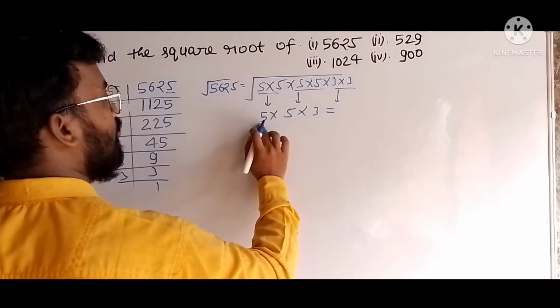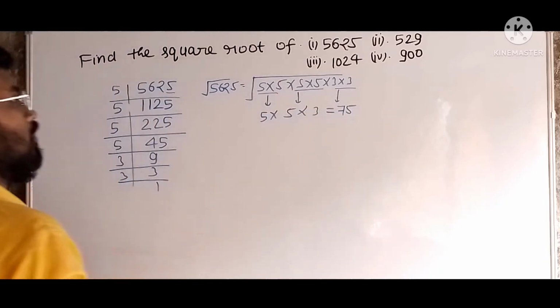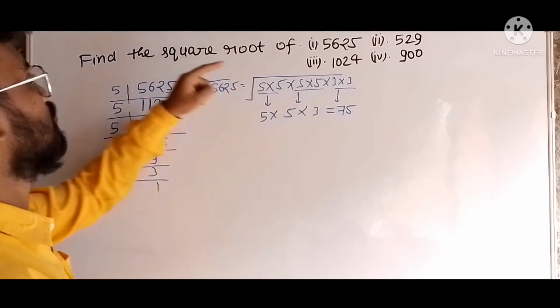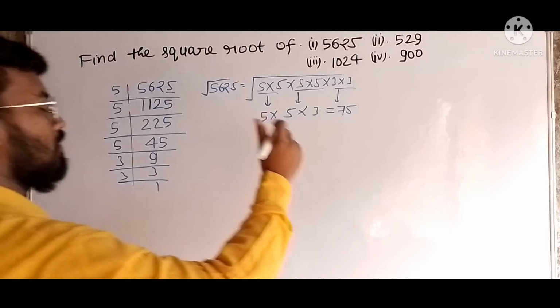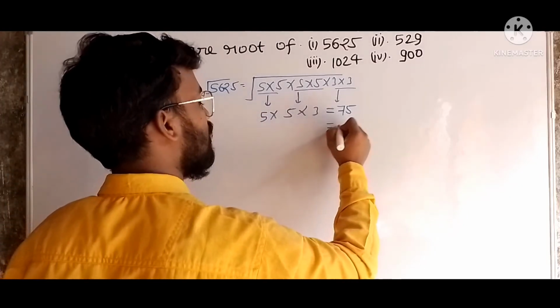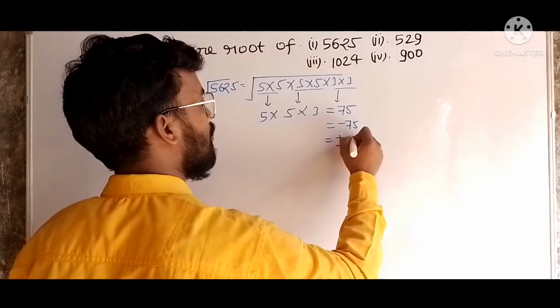Multiply all these numbers, 5 into 5 is 25, 25 into 3 is 75. So our result will be 75, so the square root of this number will be 75, and the square root of this number is not only 75, minus 75 also, so it is written as plus minus 75.